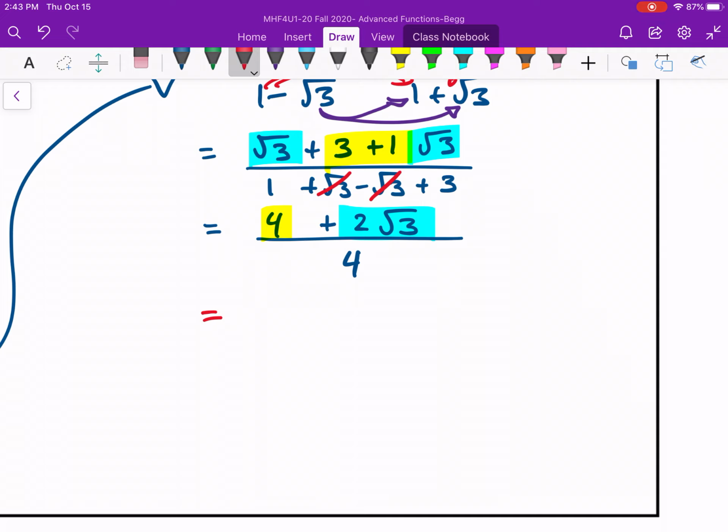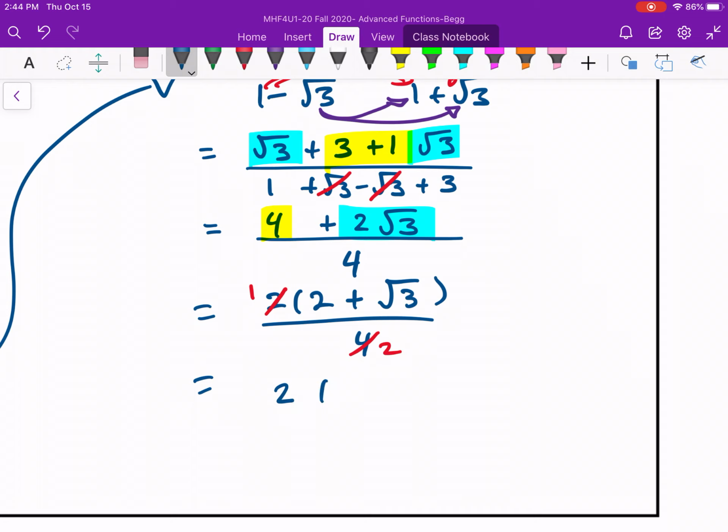What if I were to common factor 2 out of the top? If I common factor 2 out of the top, I'm left with 2 times 2 plus root 3 over 4. Now that I've factored it and everything's multiplied, I can reduce this 2 with this 4, and I'm left with 2 plus root 3 over 2. And that's as far as it can be reduced.